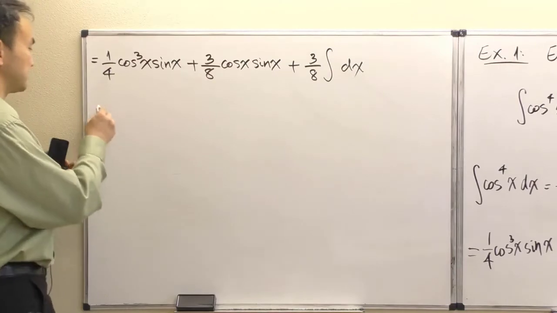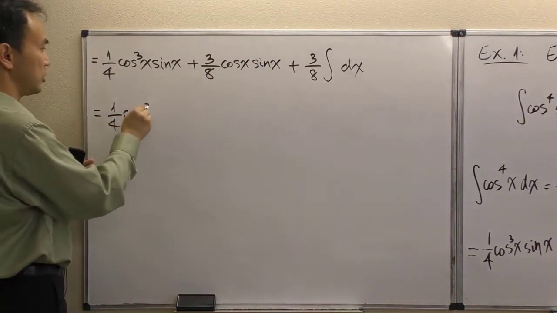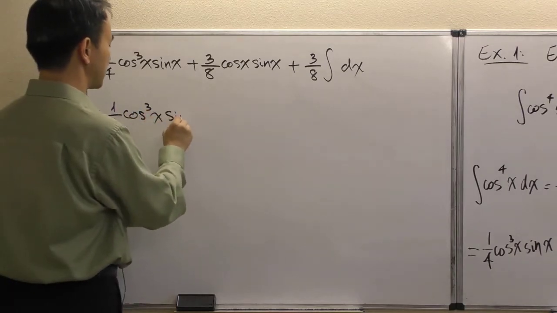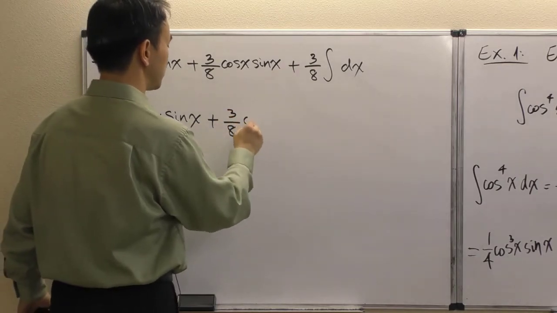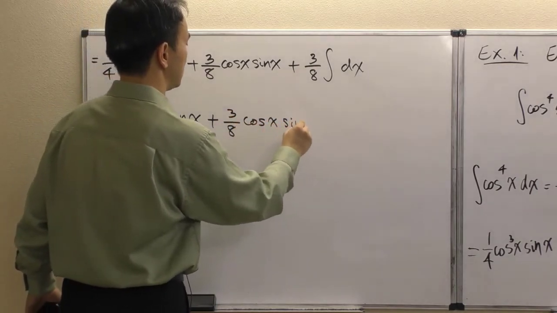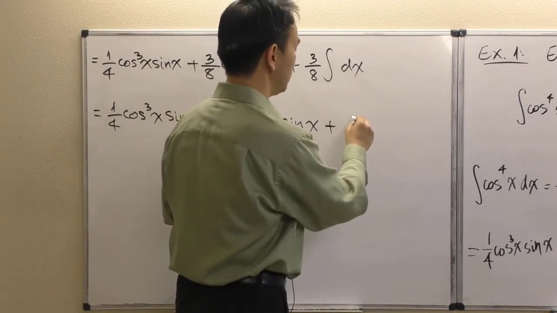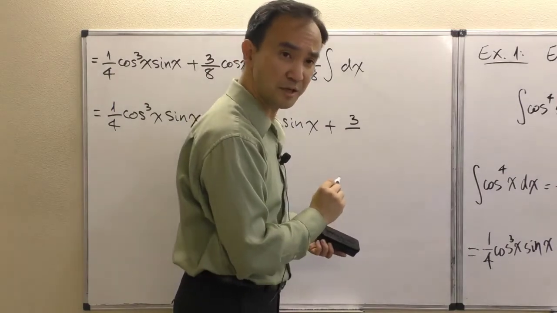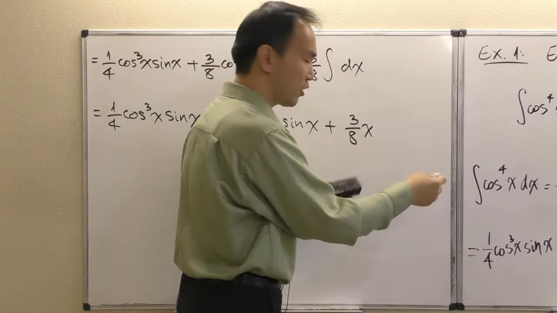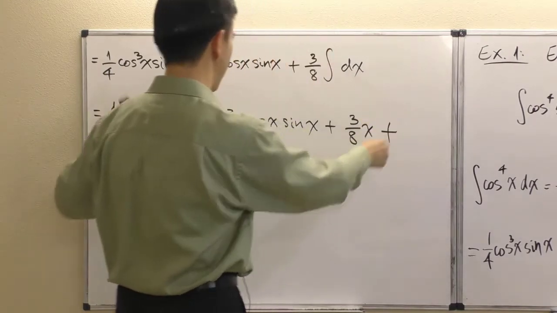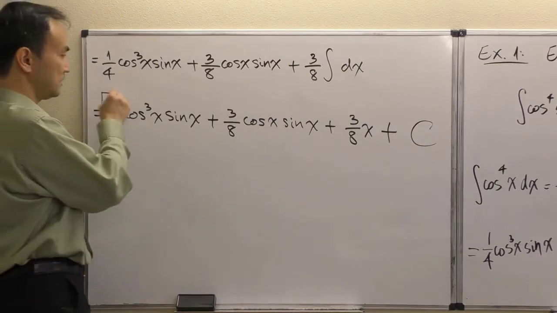And so that means the first term here is 1/4 cosine cubed of x times sine of x, plus 3/8 times cosine of x sine of x, and plus, all of this here just simply becomes 3/8 x, no more sine or cosine at the end right here. And that's the end of our antiderivative. Put a plus C in there. Okay, so that's the answer.